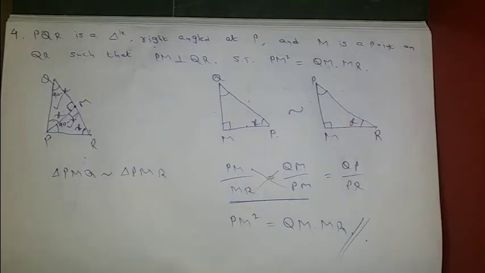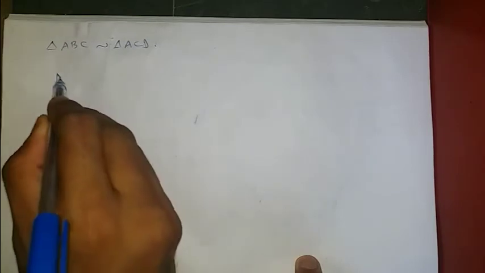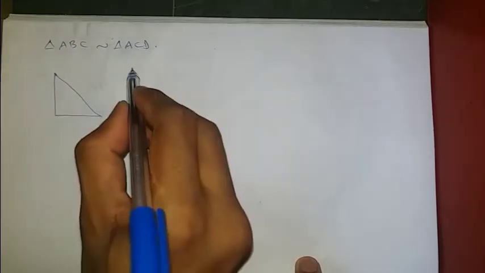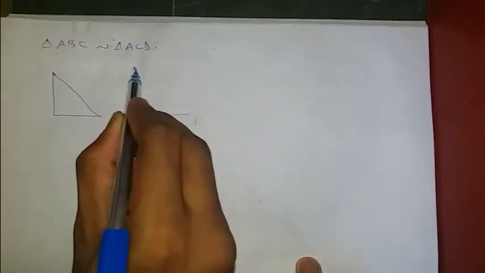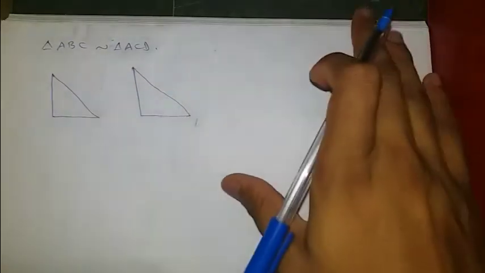Now I am drawing those two figures separately. ABC triangle. Okay. One is the upper one and one is the lower one. Okay, let us check this clearly now.